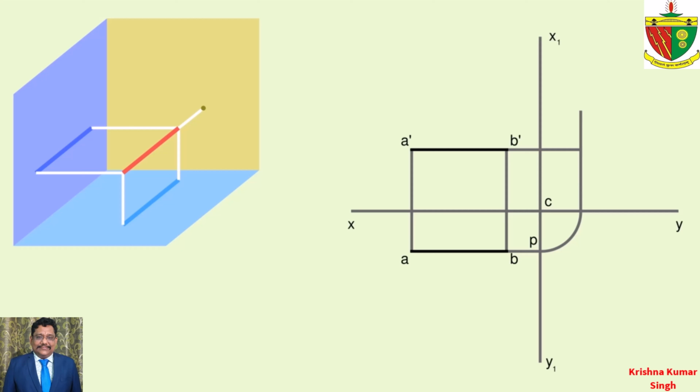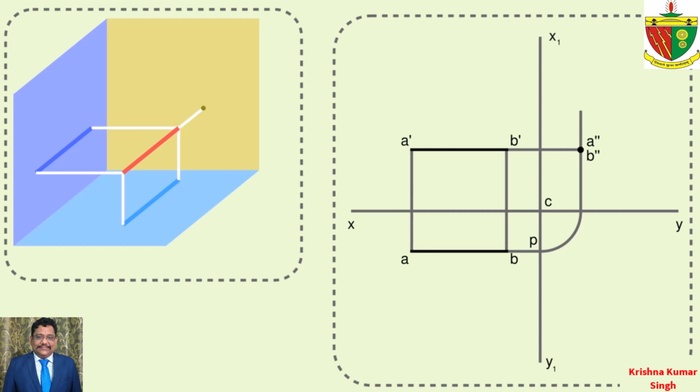From there, draw a vertical line upwards and extend the line from the front view to the right side. These will intersect at a point. It is our required side view. And name this point with lowercase letters with double dashes as A double dash B double dash.